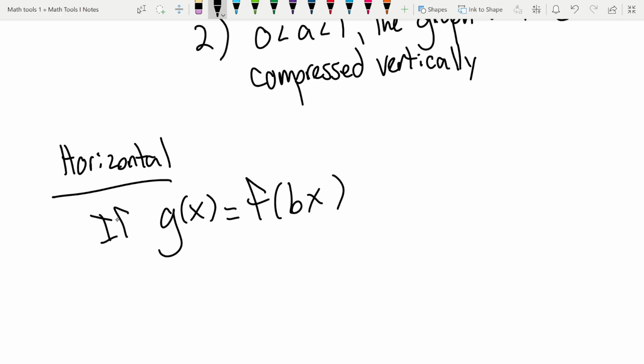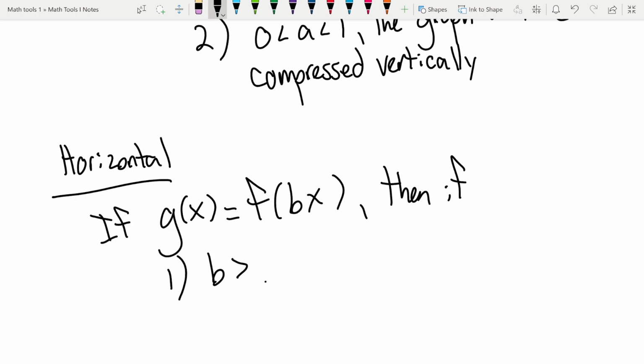So if g of x equals f of b times x, okay, so now the b, we're using b this time for the constant that we are stretching by or compressing by. And if it's inside that parentheses, if it's being multiplied by the input. Now, as you might expect, the rules are going to be backwards with the horizontal, just like we saw with these shifts.